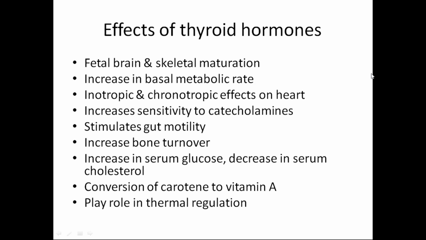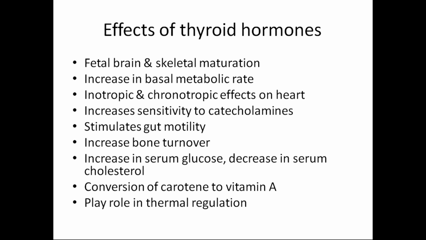Now, coming to the effects of thyroxine, what does it do to the body? It is for fetal brain and skeletal maturation. As we discussed, it is like a growth hormone for the baby, for the fetus. It increases the basal metabolic rate, with inotropic and chronotropic effects on the heart. It increases the contractility and also the rate of the heart to pump more efficiently, and increases sensitivity to catecholamines, which also aid in the pumping of the heart.